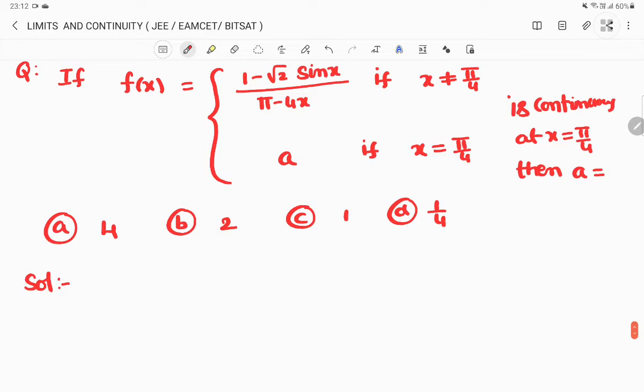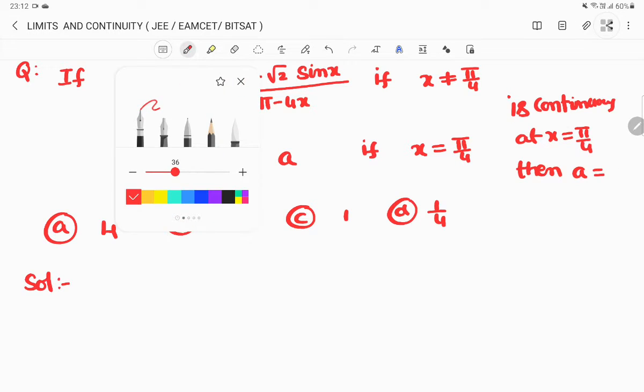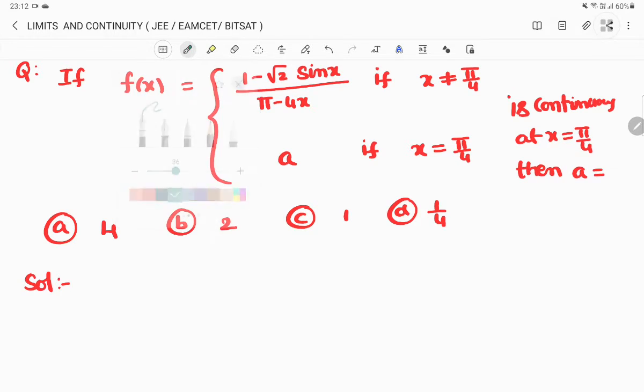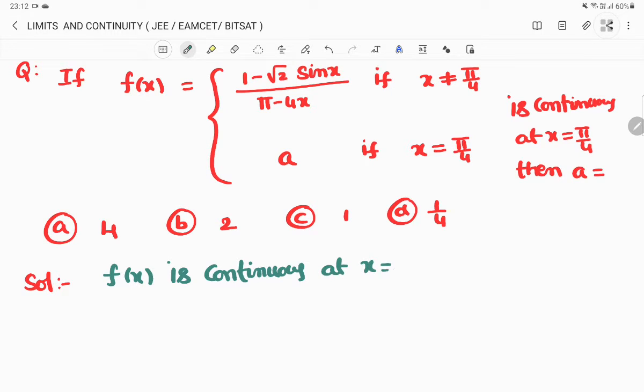So this is the given function. Clearly f of x is continuous at x equal to pi by 4.